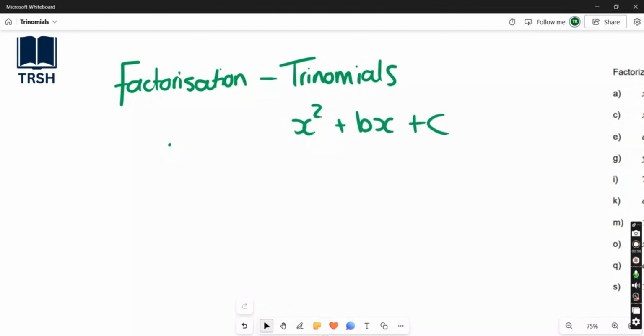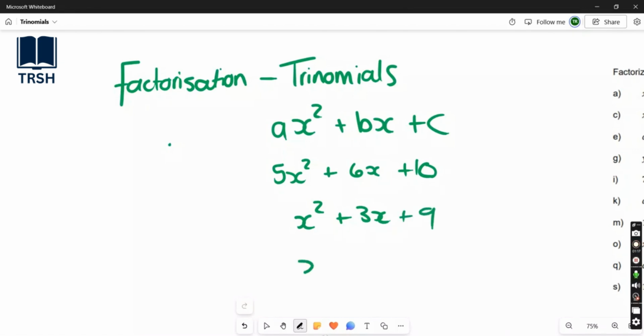I'm also going to say ax squared, because sometimes you might have 5x squared plus 6x plus c, or sometimes x squared plus 3x plus 9, or x squared minus 3x minus 9, whatever the case.